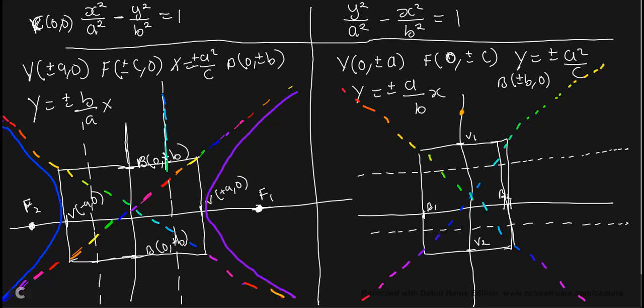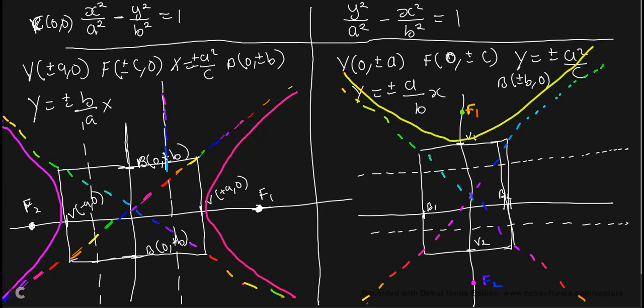Remember that your focus is this side. Let's say focus 1. Again, this is focus 2. Now let's draw our parabolas. It will come from this side. You need to pass through the vertex like that. It will pass through this side, right?